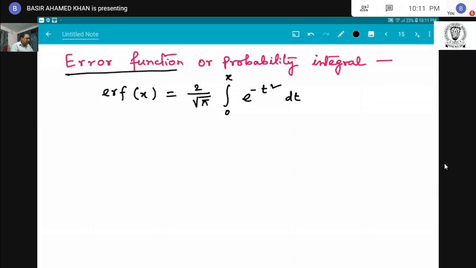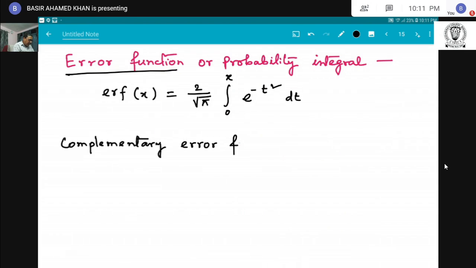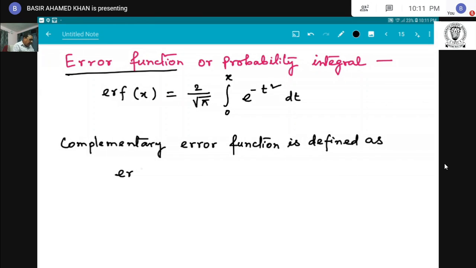The complementary error function ERFC of x is defined as equal to 1 minus error function of x.